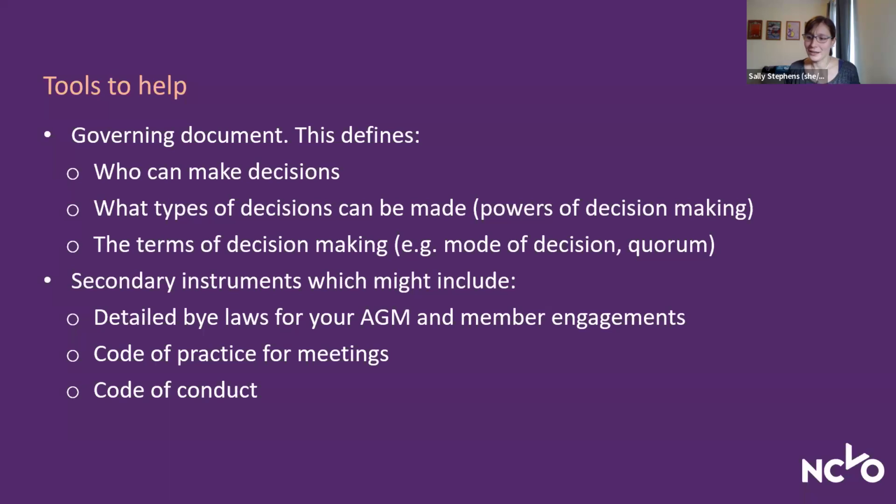There's no surprises. And the same is true of having a code of conduct, something that clearly sets out the expected approach and behaviours, what those look like for you in practice, because that also gives you something to point at, to say, you're not meeting our expectations and here's why.